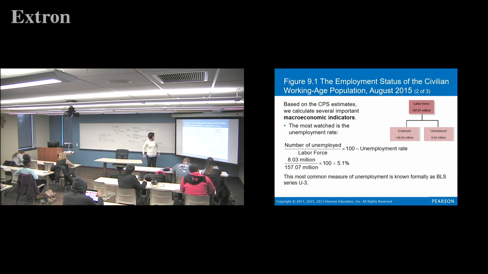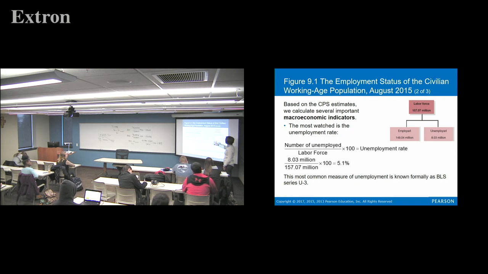Okay? And all we do is we take the number of unemployed, so it's that left side of that chart from the previous screen. Look, we take the number of unemployed, 8.03 million in this case, divided by the labor force. And we multiply it by 100 to convert it to a percentage. You can leave it a decimal, but we want to multiply it by 100.